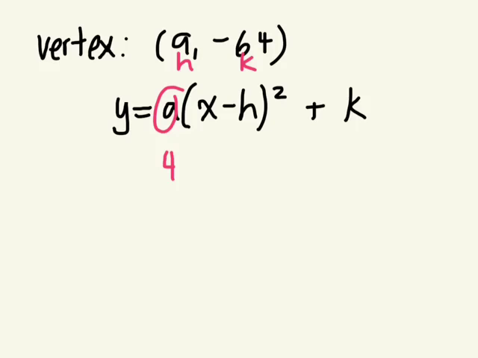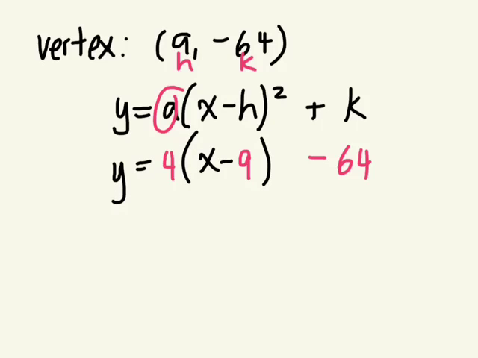Good. h is 9, and what's k? Negative 64. So what is this in vertex form? y equals 4 bracket x minus 9. Remember, it's a plus 9 in the vertex, and then in vertex form it's the opposite. Squared minus 64. This is in vertex form now.